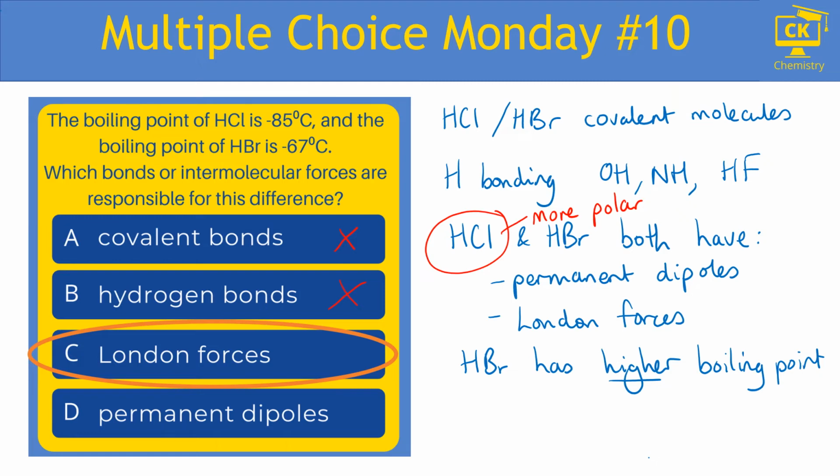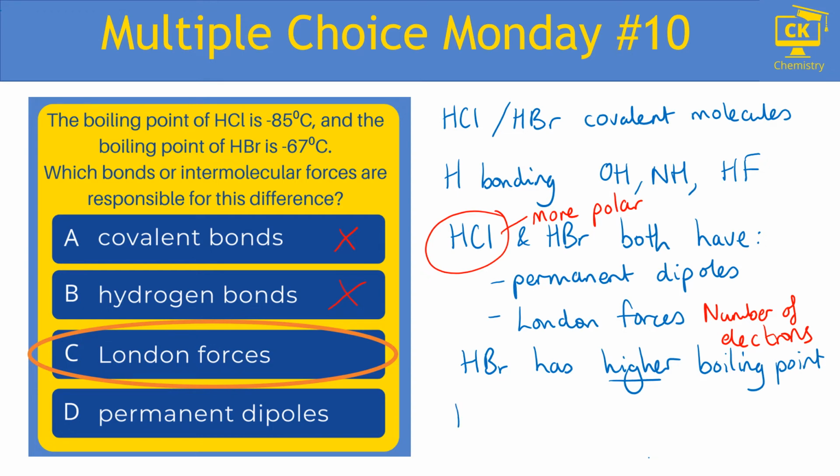However, the size of the molecule is also really important, and the reason the size of the molecule is important is because it affects the number of electrons. And if there is a large difference in the number of electrons, then the strength of the London forces will be quite different. And therefore, a molecule with very strong London forces could have a much higher boiling point, even if it's not as polar.